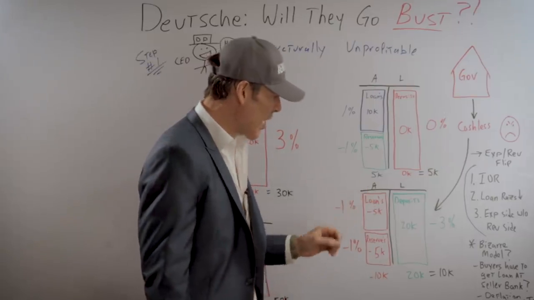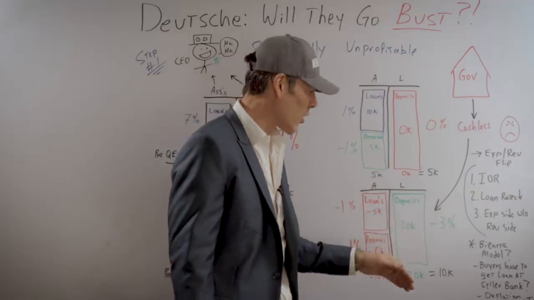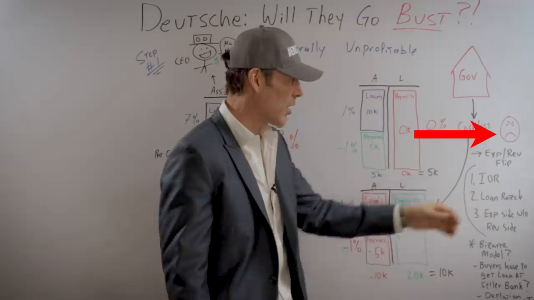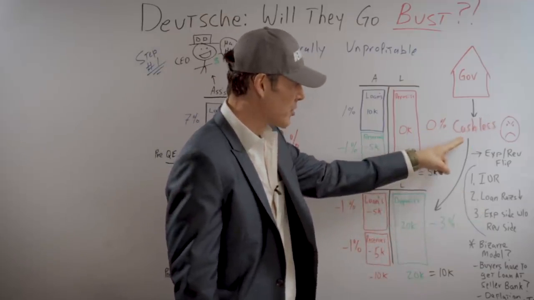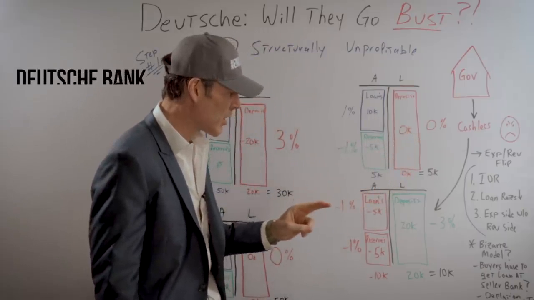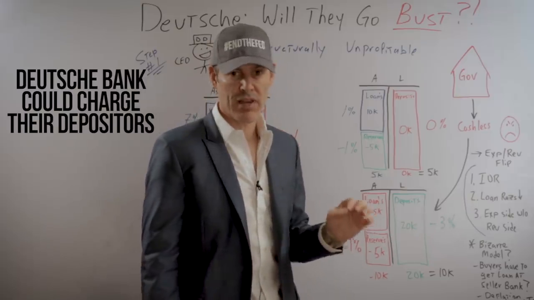If they continue to have negative interest rates, or if negative rates go even lower, sooner or later, the government on that side of the pond, and in my opinion, this side as well, is going to have to go cashless. If they went cashless, then Deutsche Bank could charge their depositors 3%.